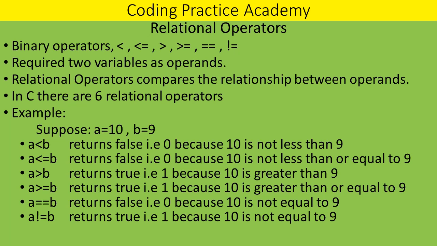That is, the result is true. Next, A equals to B. It returns false because 10 is not equals to 9. The last is A not equals to B. It returns true because 10 is not equals to 9.